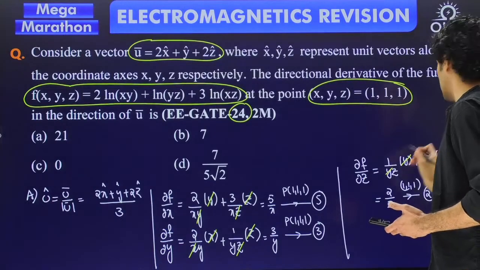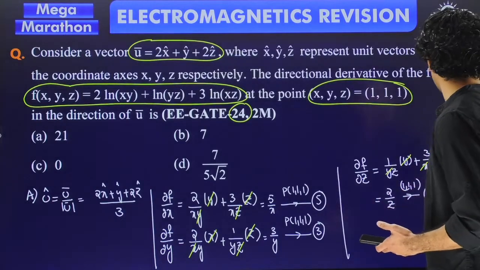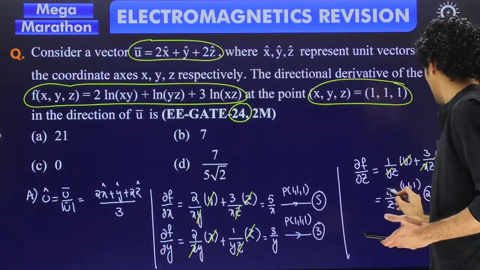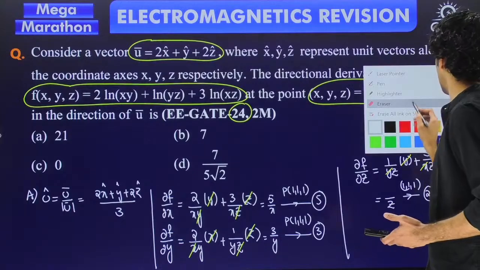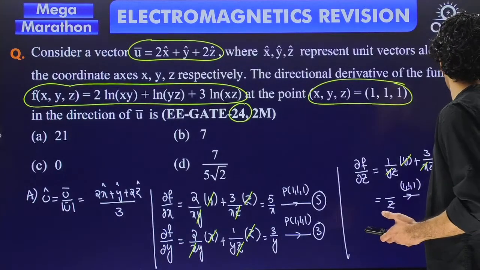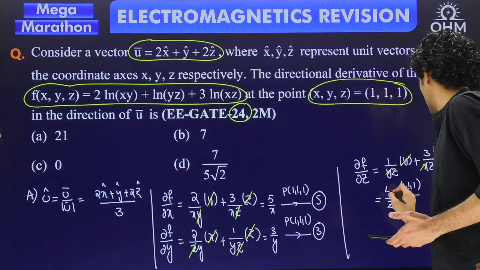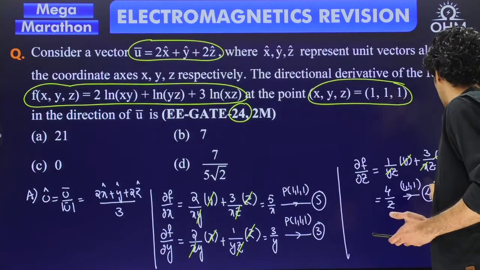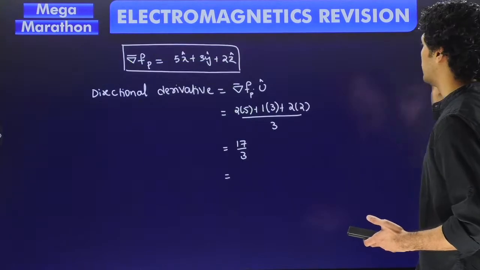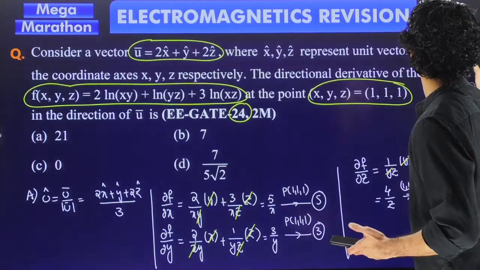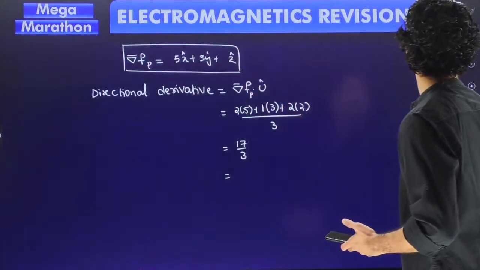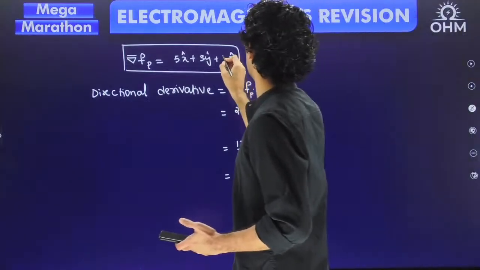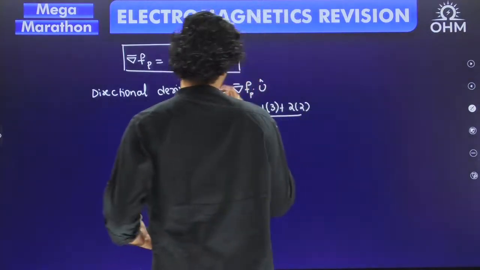So this is 3. Overall this becomes 1 plus 3, which is 4. So this becomes equal to 4, and hence this is 2 into 4.